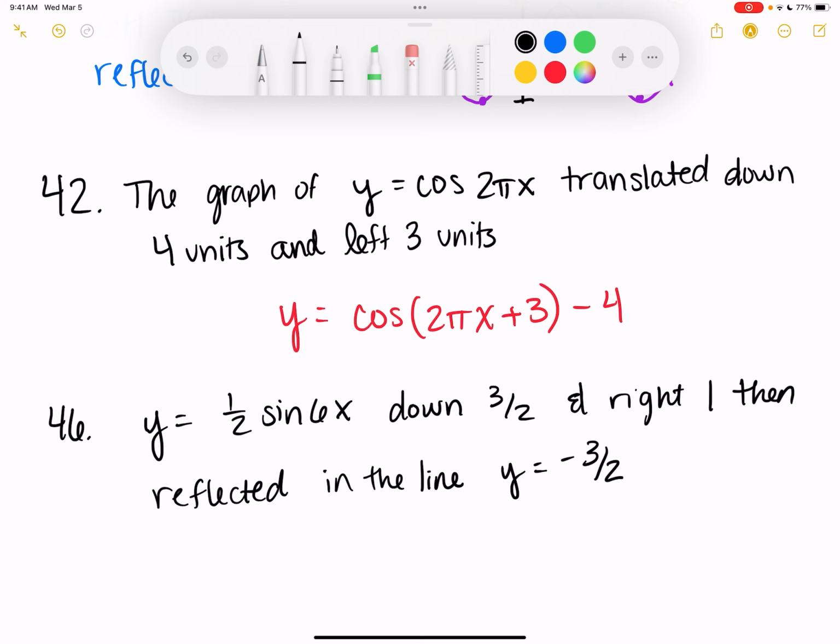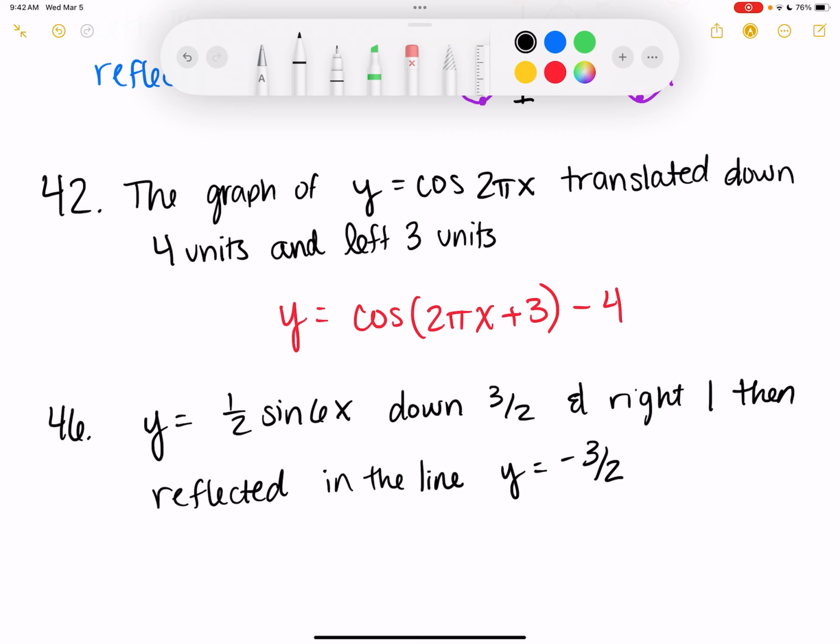Okay, now, the reason that they write it this way, okay, is because the graph has been shifted down, and so then they're telling you that it's reflected over that spot where it was, like over the center line. So if it went down 3/2, that means my center line went from 0 to -3/2. So that's why they're telling you it's reflected over that.